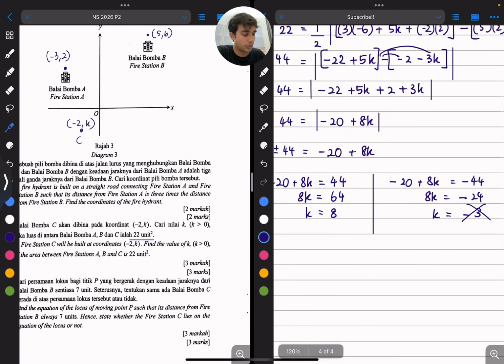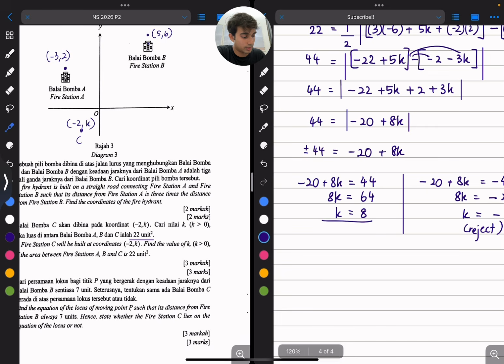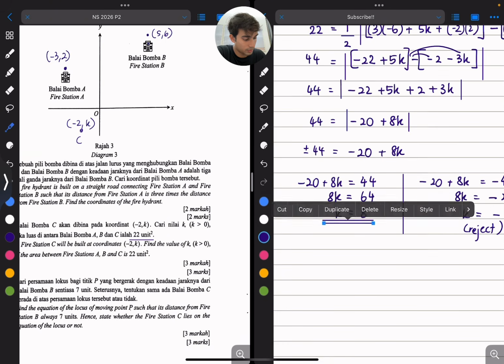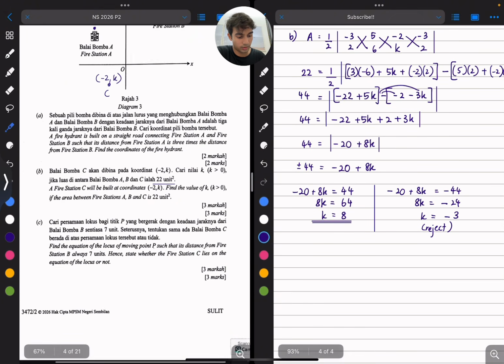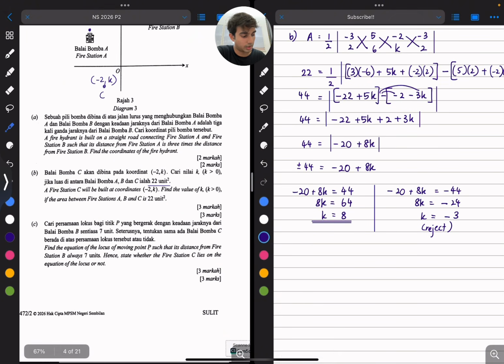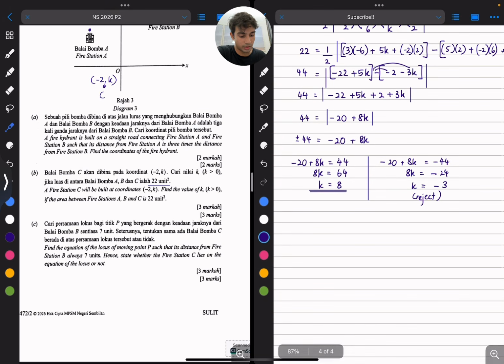So this one cannot be, so we say reject. So k is 8. Done. Find the value of k. You just can highlight that. That will be our final answer.